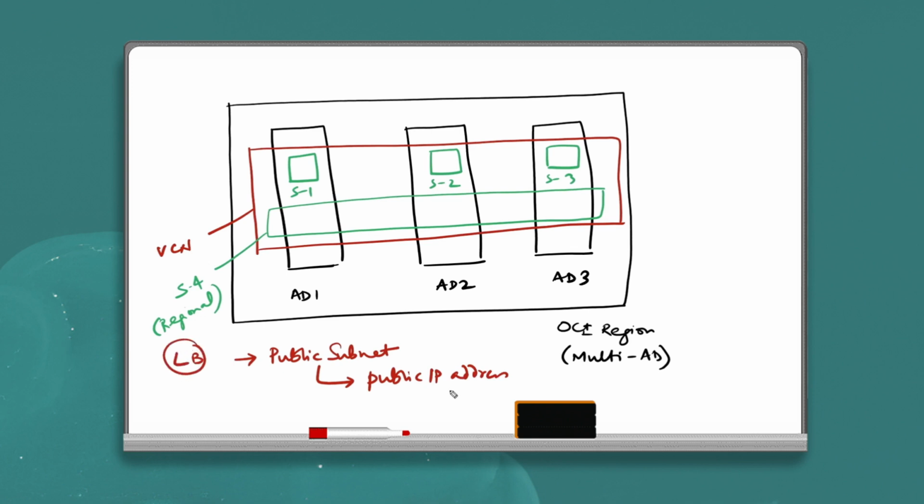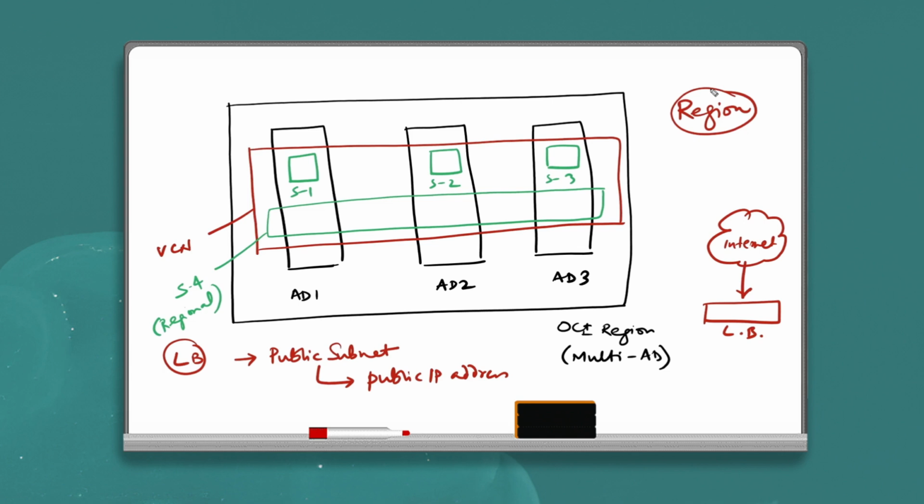And because it has the public IP address, it can directly receive the traffic from the internet. The scope of a public load balancer is region. A public load balancer requires either a regional subnet, in our case S4 is the regional subnet, or if the regional subnet is not available, then it requires two availability domain specific subnets, for example, S1 and S2.